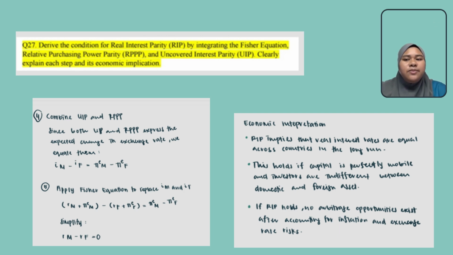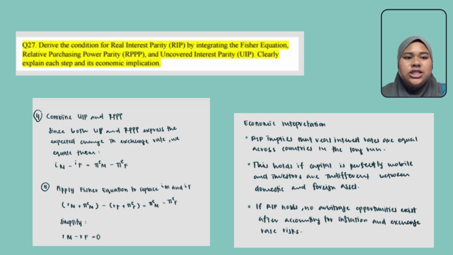We need to simplify the equation and we get r domestic minus r foreign equals 0. The next one is the real interest parity: r domestic equals r foreign.